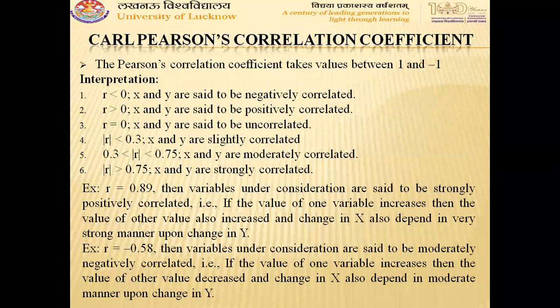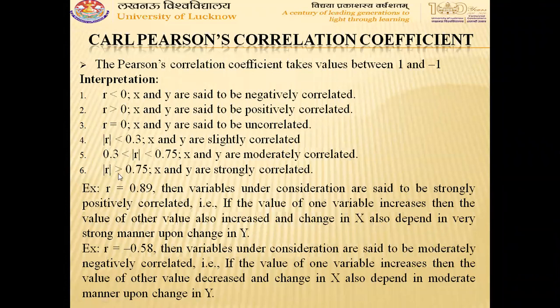Now, the interpretation is done by mixing 1, 2, 3, and 4, 5, 6. That is, if correlation comes out to be 0.89, then variables under consideration are said to be strongly positively linearly related or strongly positively correlated.